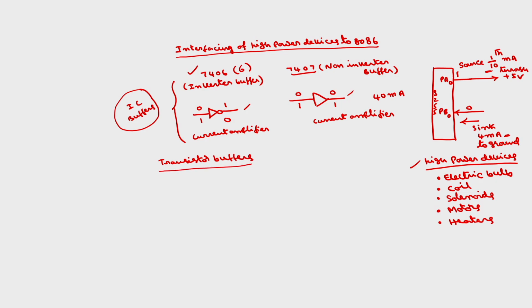So, we can construct the transistor buffer using either a PNP transistor or an NPN transistor. If I use this NPN transistor, the circuitry will be something like this. We have to give from the port, this is ground, and here we have to connect 5 volts.